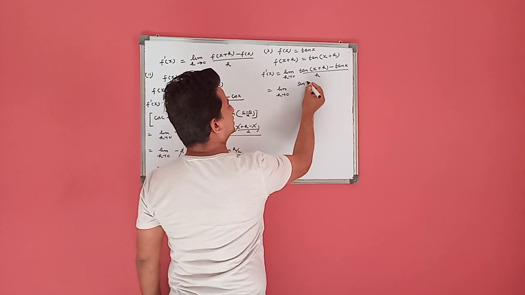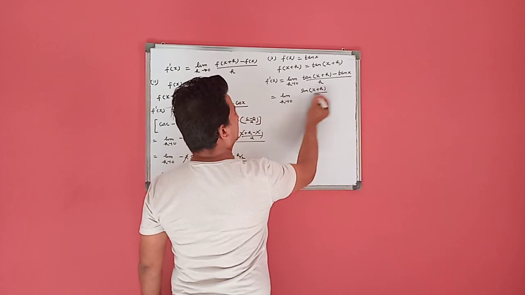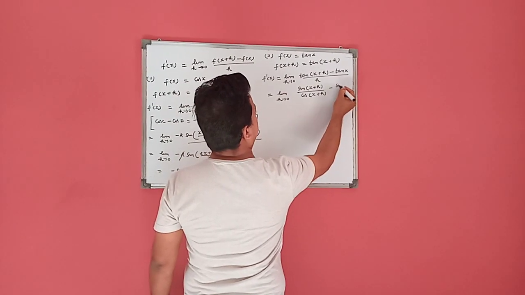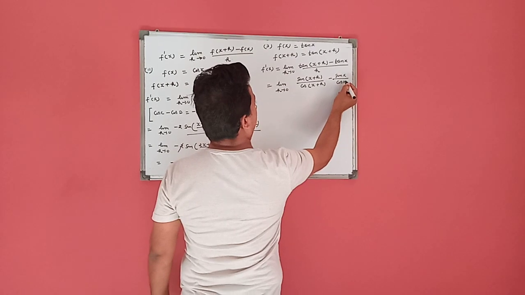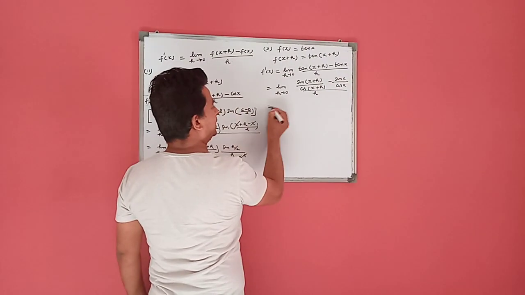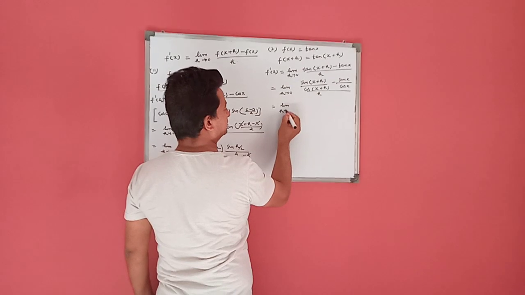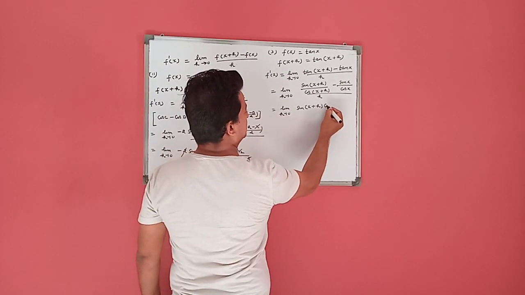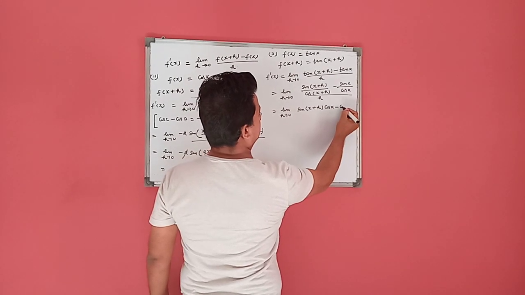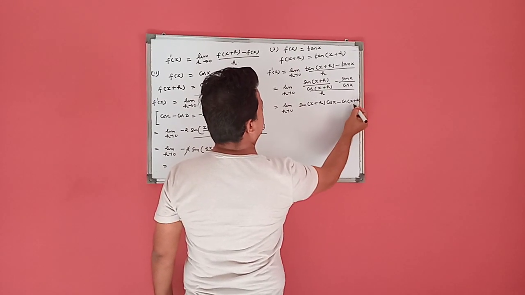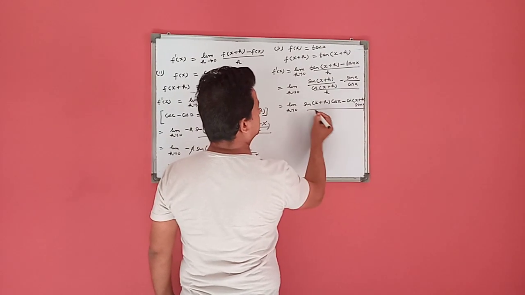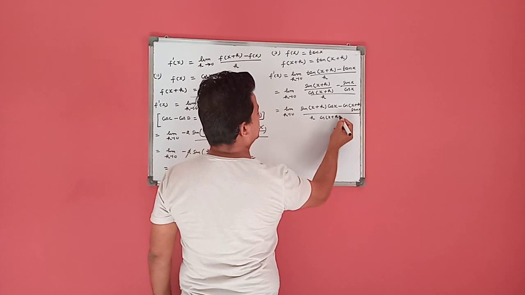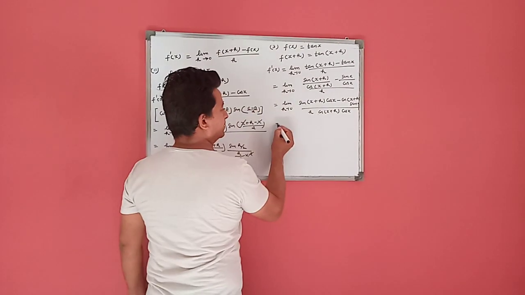So first we convert tan into sin by cos, sin x by cos x. Take the LCM. We get sin(x + h) into cos x minus cos(x + h) into sin x. In the denominator there is cos(x + h) into cos x.